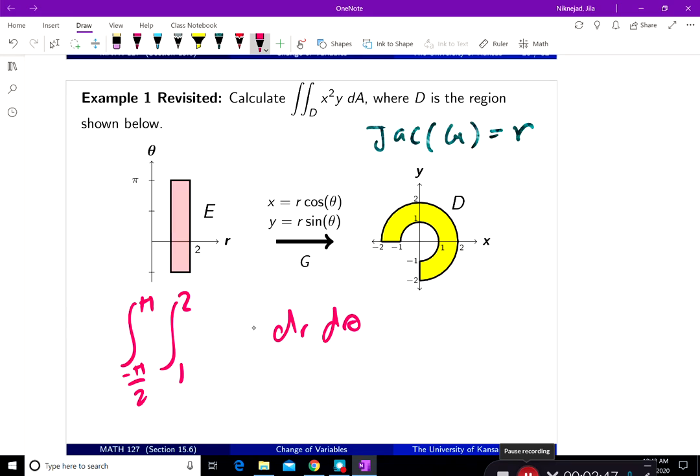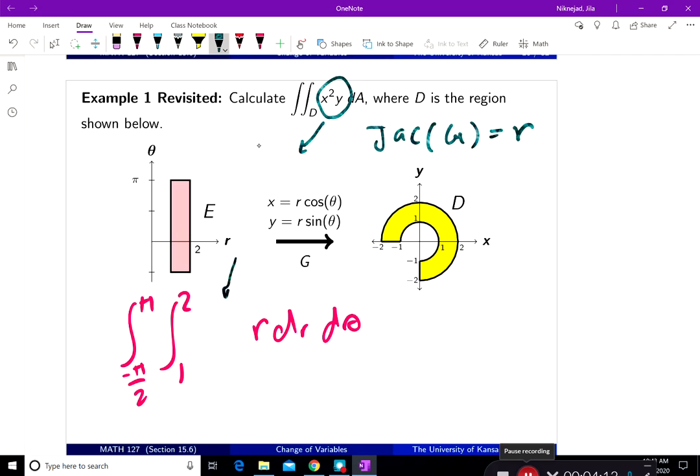Put the Jacobian in right there. And then the next part is to convert that into a function of r and theta, because x is a function of r and theta, and y is a function of r and theta. So convert that part and then bring it over here.